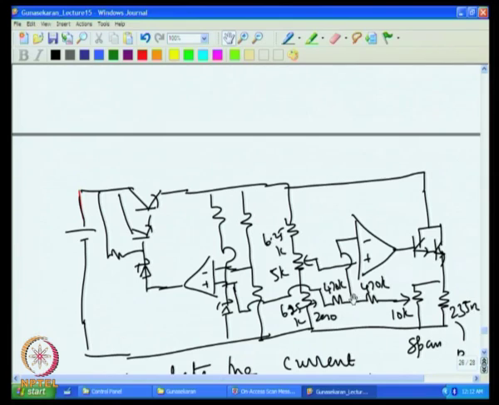So, eventually if a 1 ohm resistance changes here, then that will be a change in voltage, and half of that voltage will appear here. So, it has to correct it back such that again the current decreases, so that the original voltage is retained.